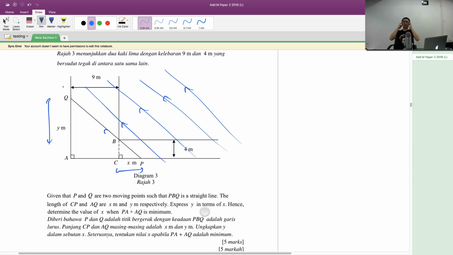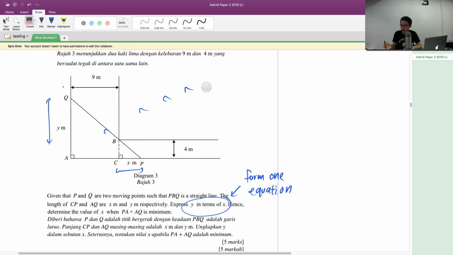Alright, the difficult part about this question is how to start first, I mean, what you should do first. In order to express Y in terms of X, the first thing that comes into my mind is I should form one equation using the information I have. There are many ways you can do this. One way is y equals mx plus c, or you can use the gradient, y2 minus y1 over x2 minus x1 equals gradient.